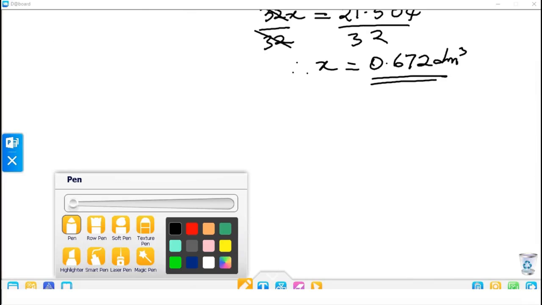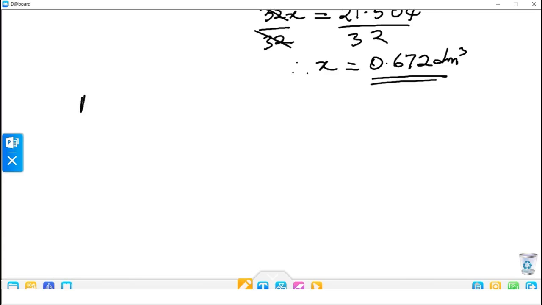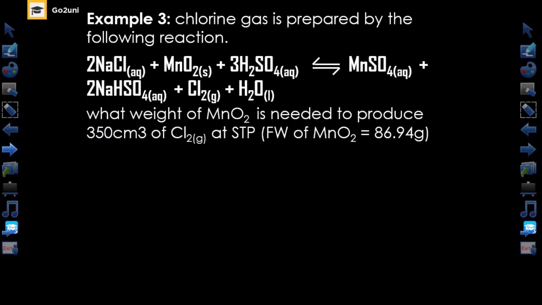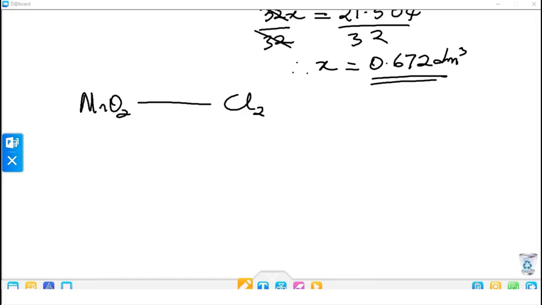From the equation, we are interested in MnO2 and chlorine. And looking at that equation, 1 mole of MnO2 is producing 1 mole of chlorine. MnO2 is at the reactant side, chlorine is at the product side.